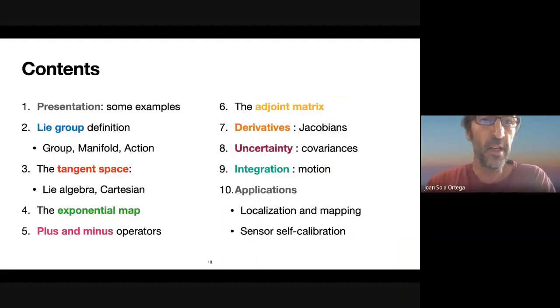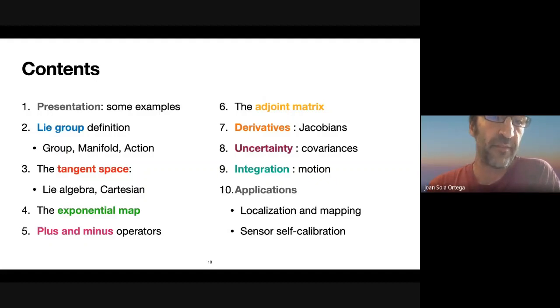So far this was just a presentation, so that you know what it's all about. And now I'm going to start, let's say, the matter of the course. We will give a definition of what a Lie group is. We will also define the tangent space. This tangent space has two forms, Lie algebra and the Cartesian form. We will talk about the exponential map, which is a way to pass from the group to the tangent space.